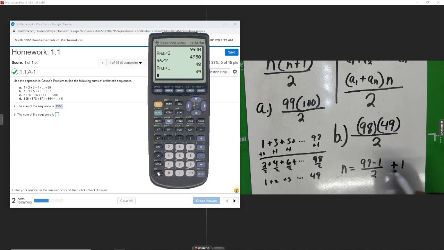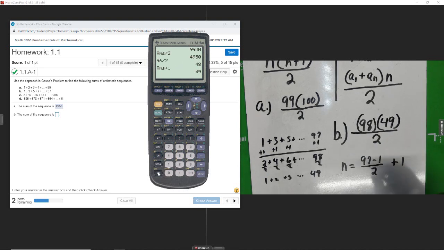So this is just another way that I was working on this. So let me write it down in a formula sense. I'll write it down on the next problem. Let's go ahead and solve this. So we have 98 times 49, and then we divide by 2. That gives us 2401.